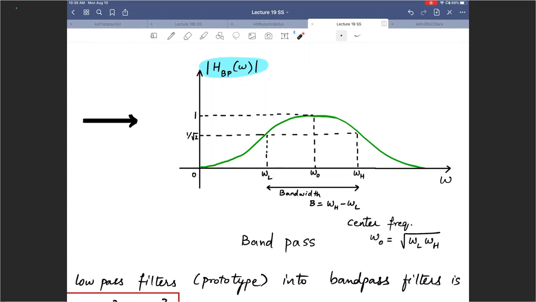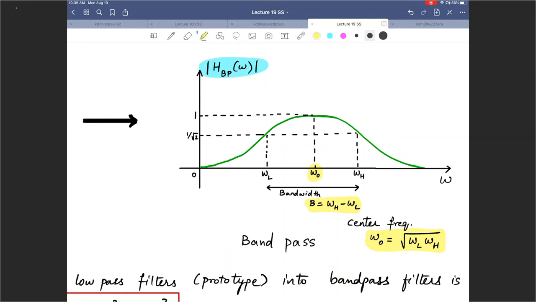And we get that by transforming the already designed Butterworth filter into this bandpass filter. The center frequency omega naught is essentially the geometric mean of the cutoff frequencies omega sub L and omega sub H. And the bandwidth is omega H minus omega L.